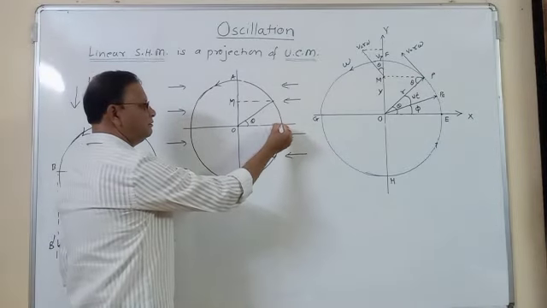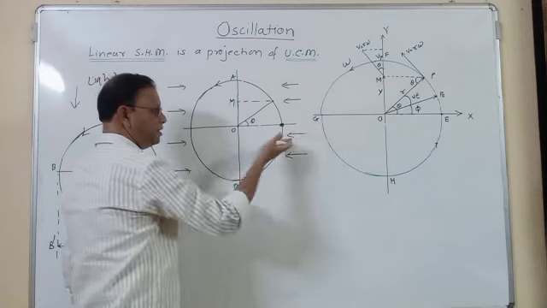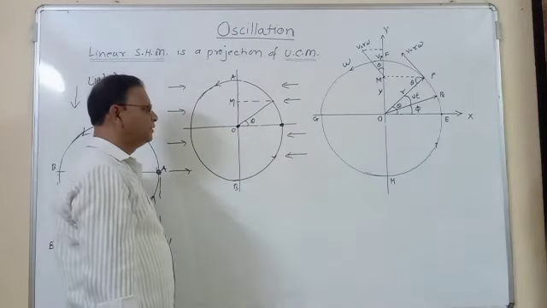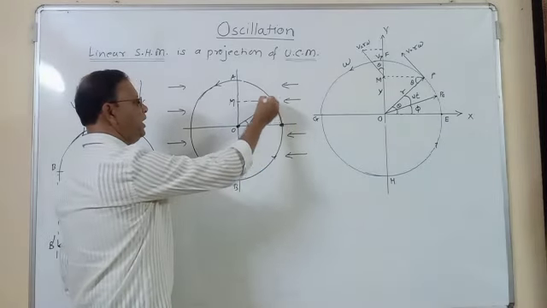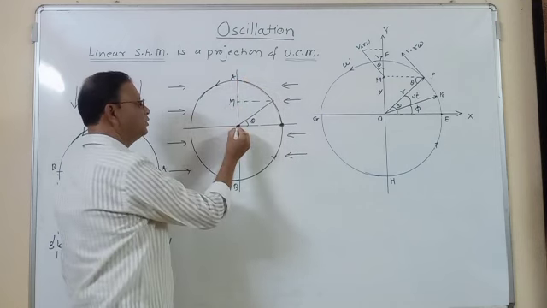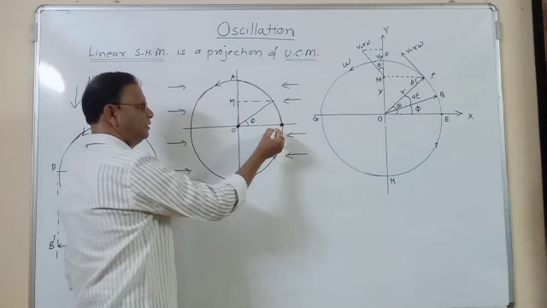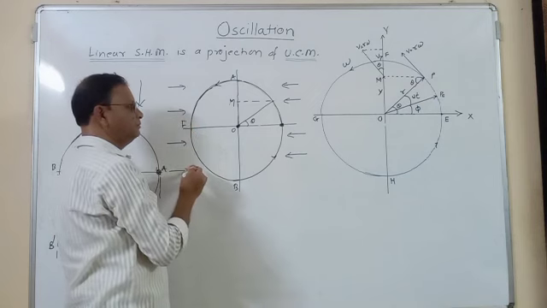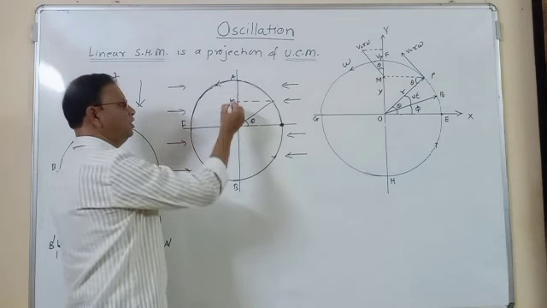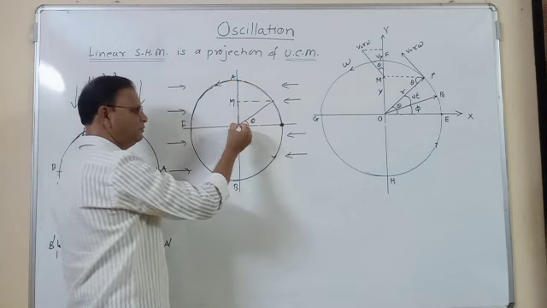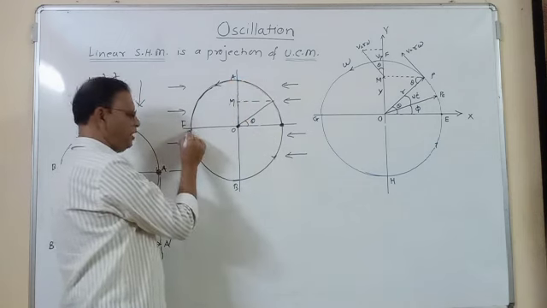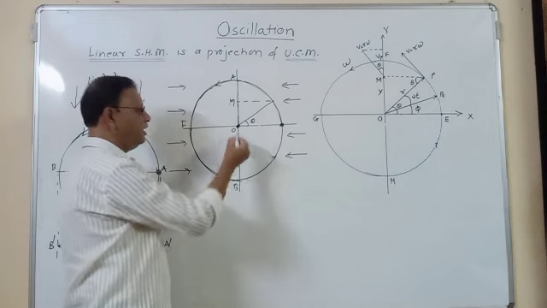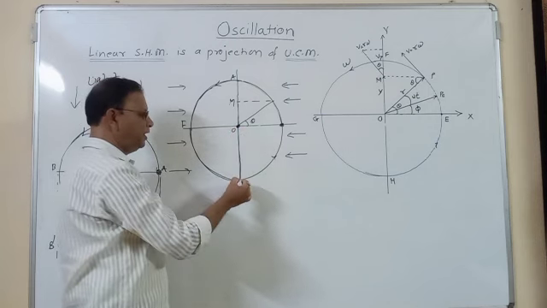When the object is at this point, suppose the light is from this side, then its shadow will be at O dash, that is O. When the object moves from O to A, the shadow moves from O to A. When the object moves from A to another point F, its projection moves from A to O. When the object moves from F to B, its projection moves from O to B, like that.